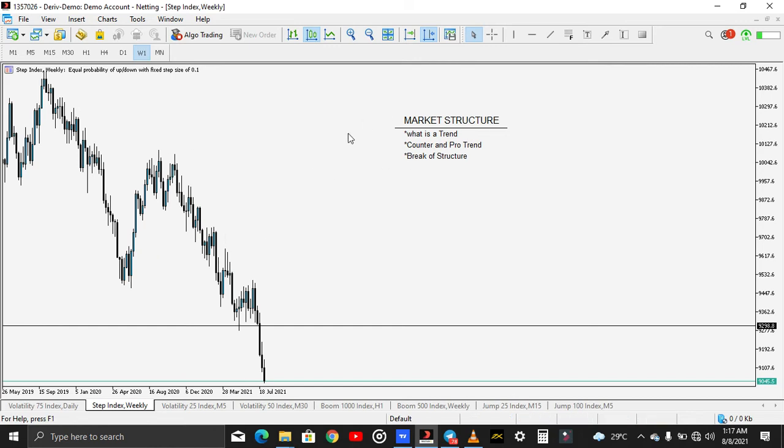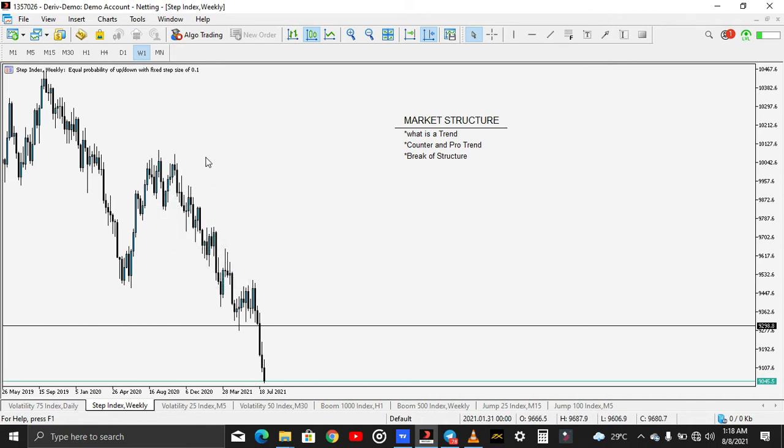Okay, so let me start with what a trend is. A trend simply means the market is either moving downwards, moving upwards, or moving sideways. So the market can either be in a downtrend or in an uptrend.